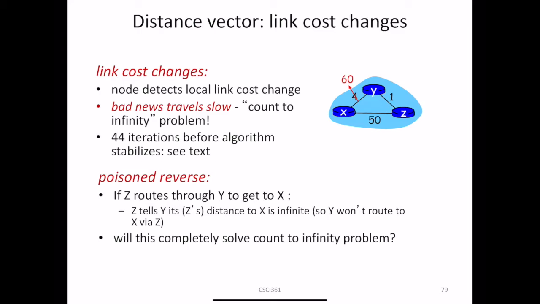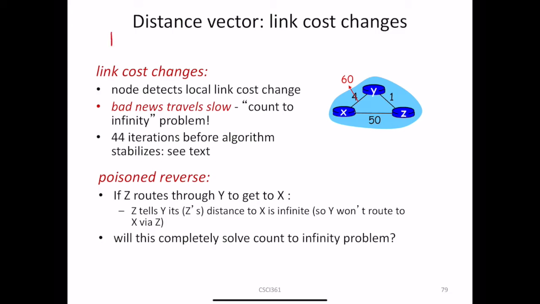So Y can cause this count to infinity problem. Let's do a quick calculation. Suppose after the link cost gets changed from 4 to 60, router Y will do a recalculation.